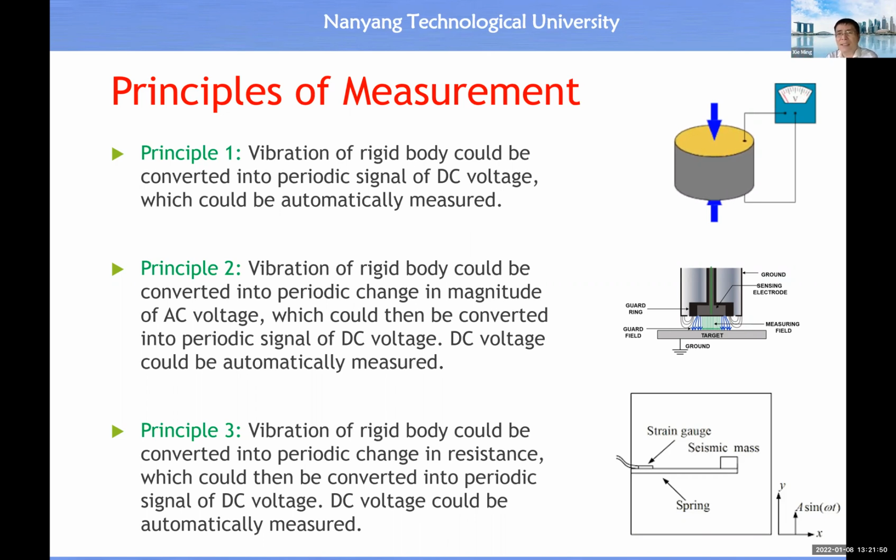When the beam deforms or undergoes periodic displacement, if we place a strain gauge on the beam, then the strain gauge will output a periodic change in resistance, right? Then we should be able to convert resistance into voltage. This way we can measure the vibration signal. So these are the 3 popular principles for us to follow, but of course there are other principles, all right?